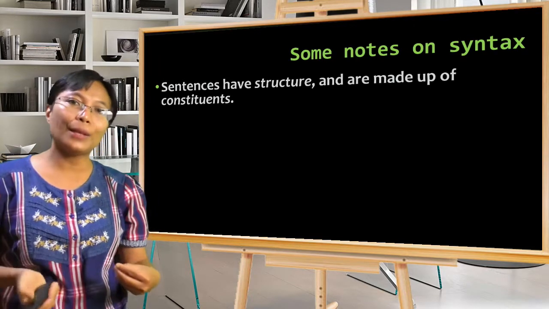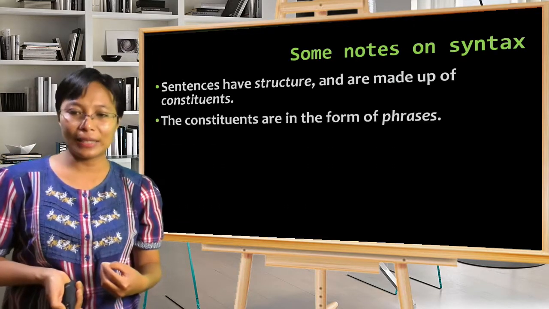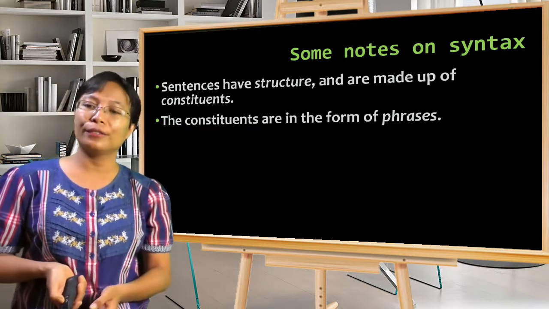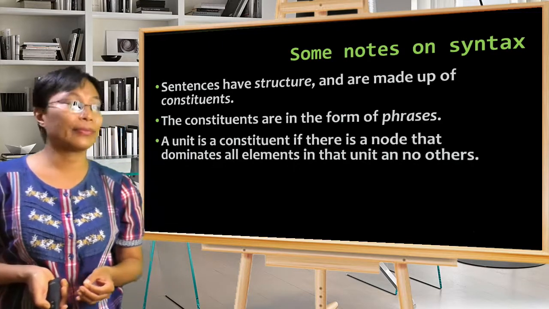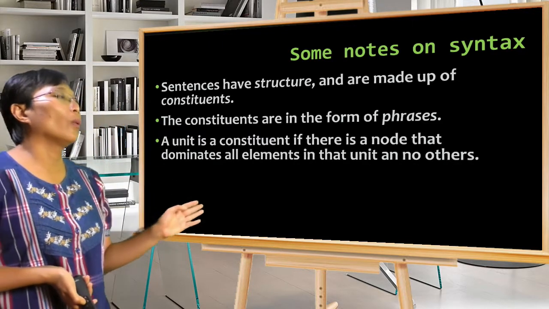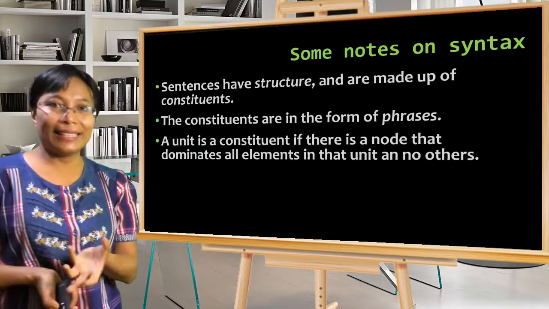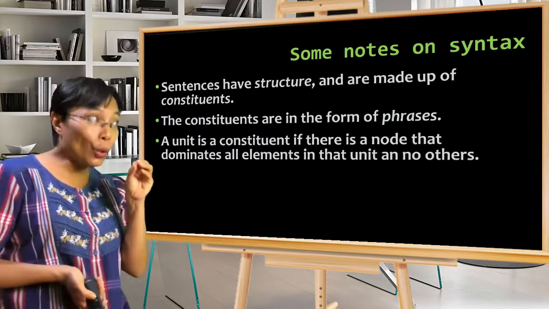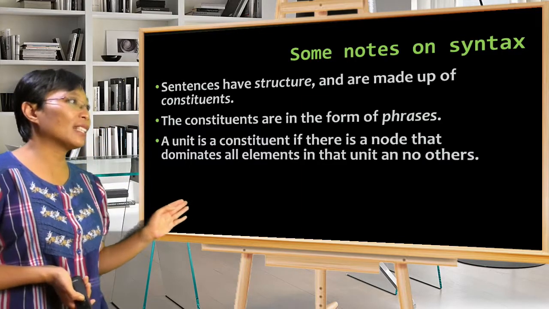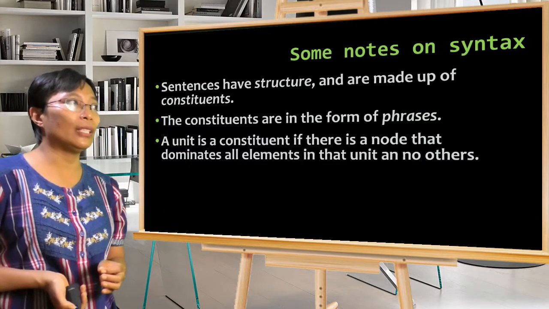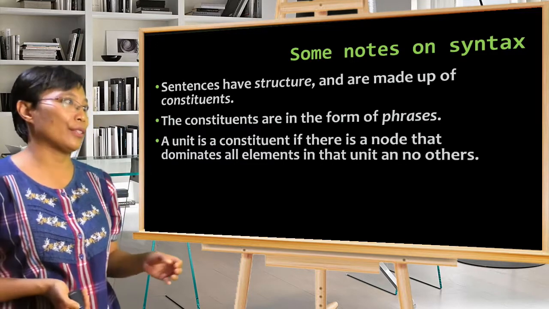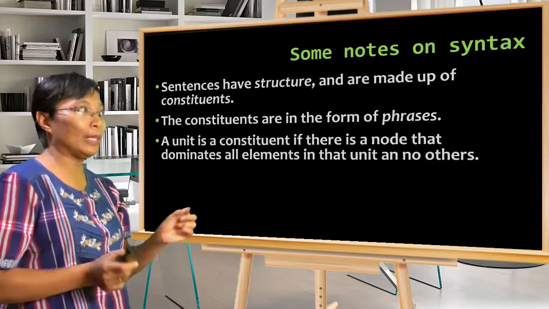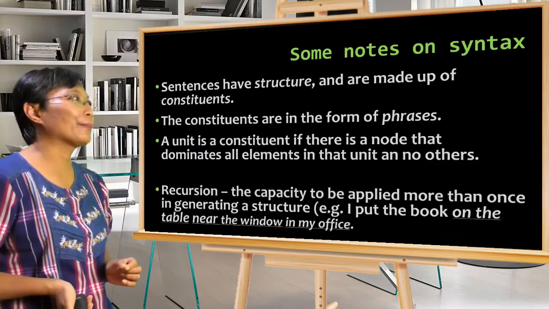So there are some elements in the sentence, and then the constituents are in the form of phrases. Now, we can say that a unit is a constituent if there is a node that dominates all elements in that unit and no others. I missed the D between no and others, so please add D like that.